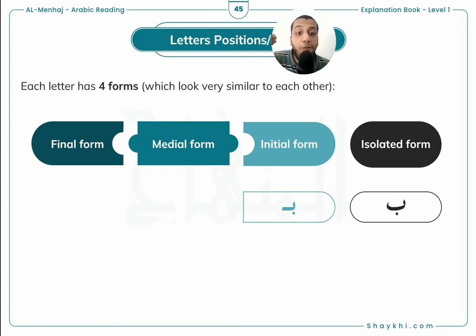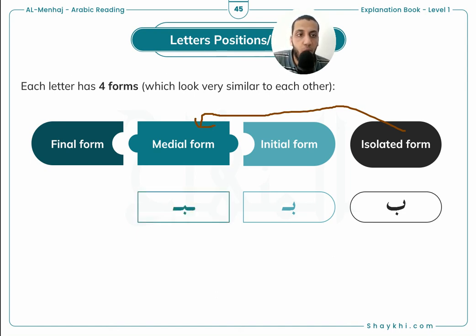What if we want to put the letter ba in the middle of a word? It will take this shape. You will find this line before and this line after, so the letter ba will be connected to the letter before it in this way and to the letter after it in this way.